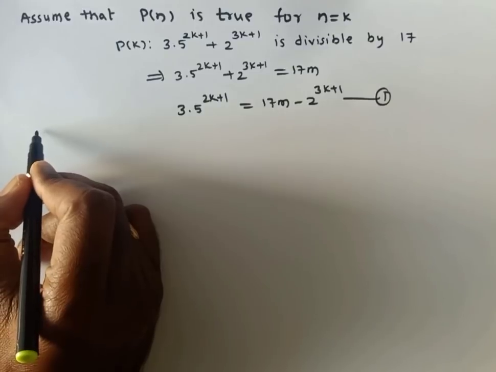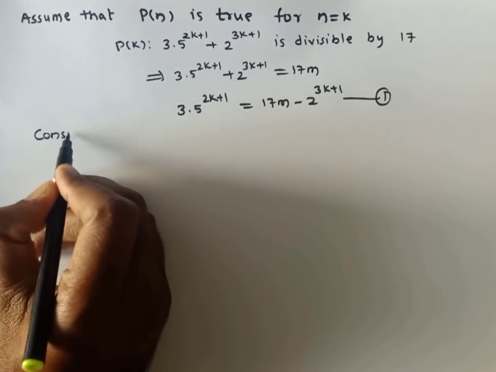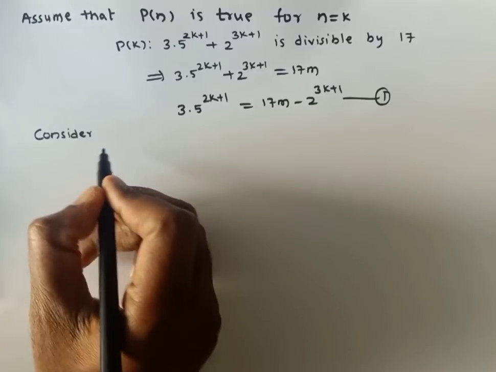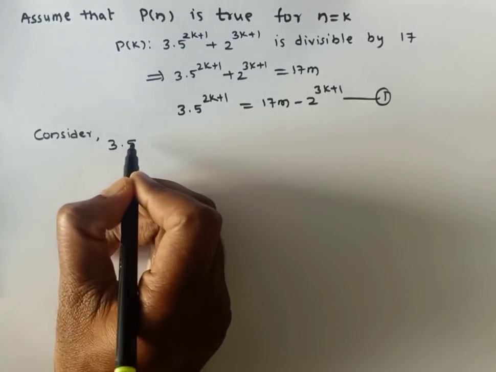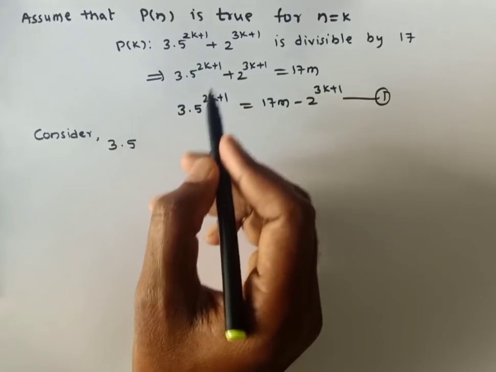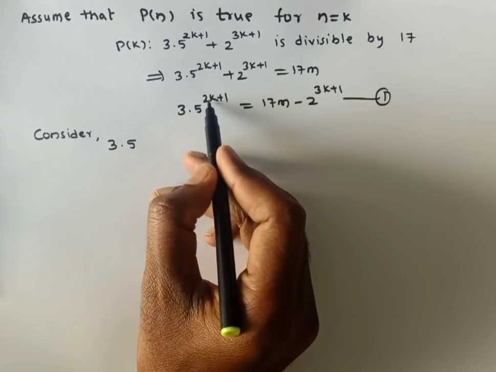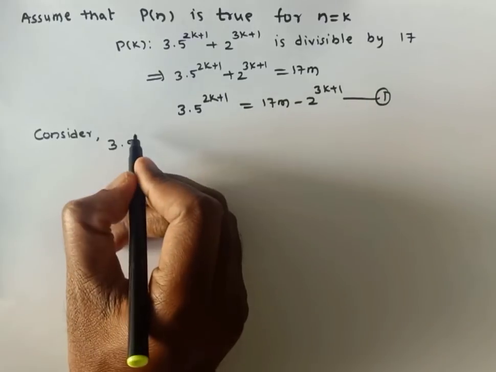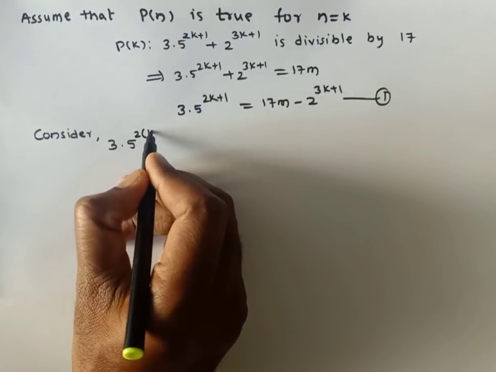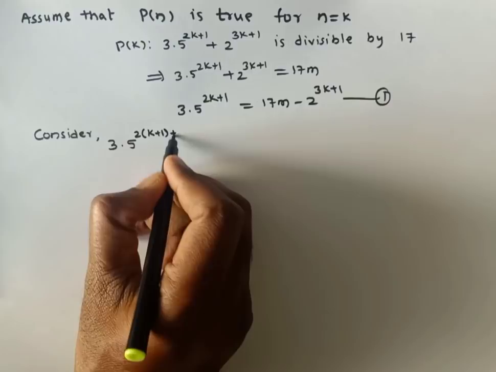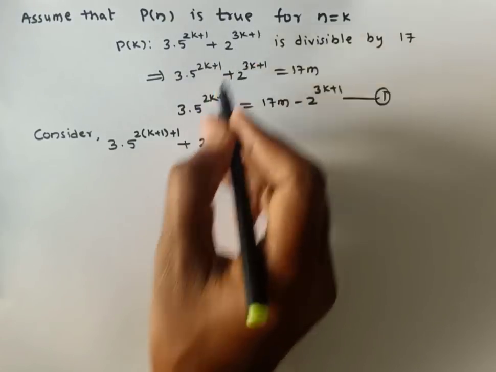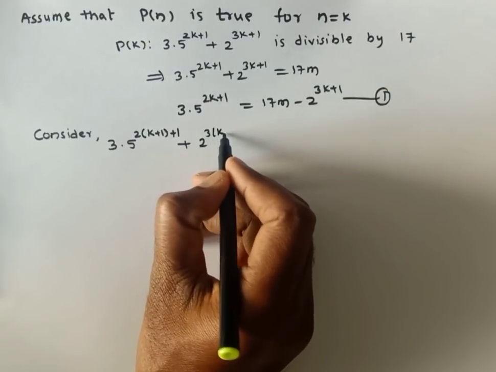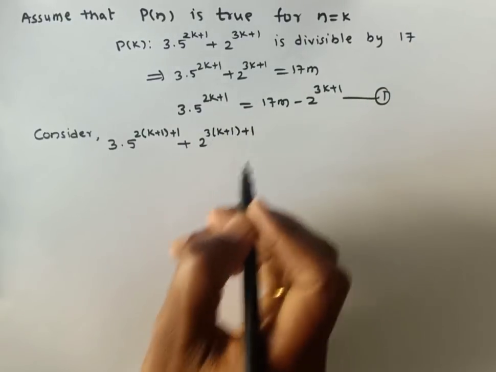Now consider the term 3 into 5 to the power of 2k plus 1, plus 2 to the power of 3k plus 1. We need to replace this k with k plus 1. So it becomes 3 into 5 to the power of 2 times (k plus 1) plus 1, plus 2 to the power of 3 times (k plus 1) plus 1.